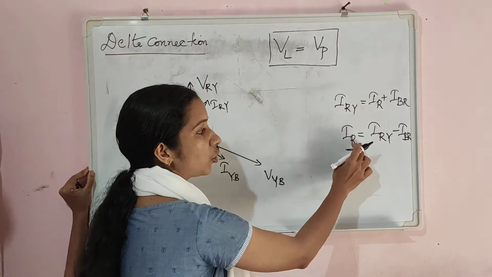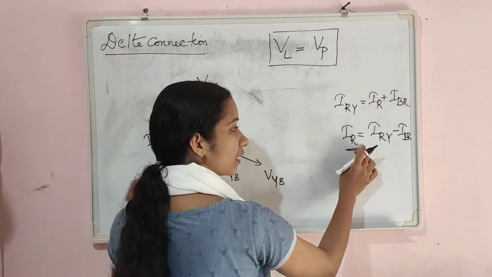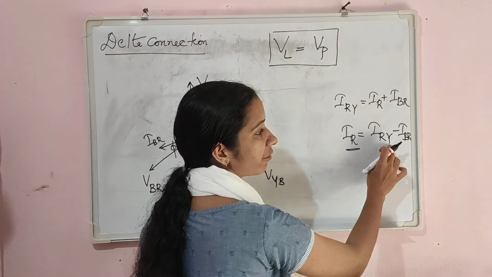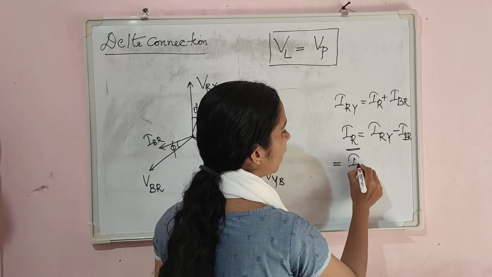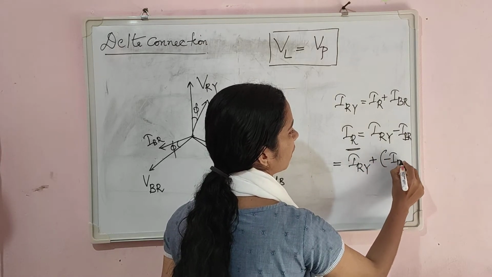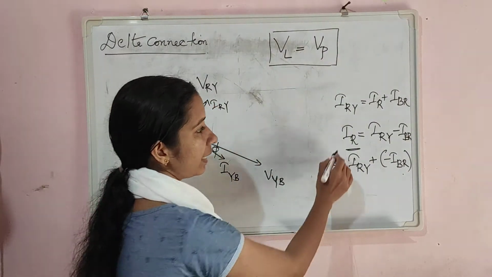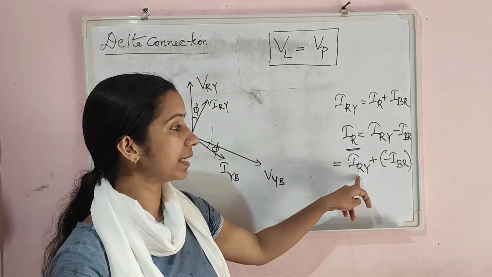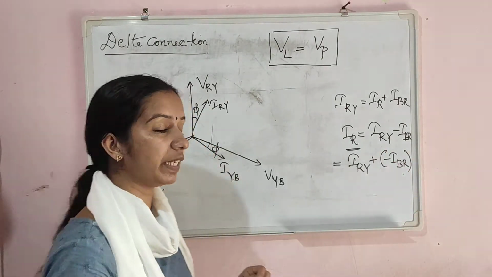Now we need to draw this line current IR, and we have got it as the phasor difference between IRY and IBR, or this can be written as IRY plus minus IBR, both are the same. So we can find IR as the phasor sum of these two vectors, IRY and minus IBR.